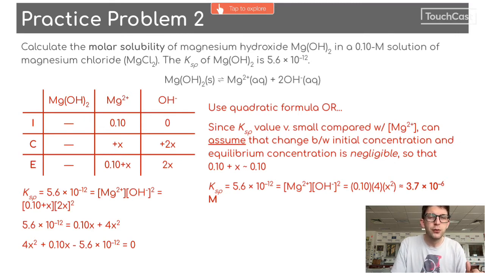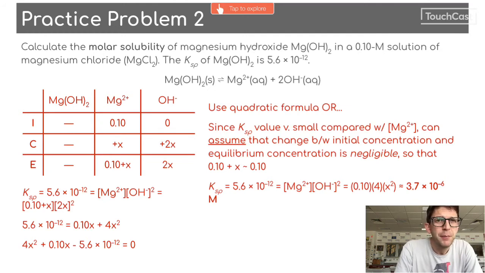So what you have to do here is consider, and I'm going through practice problem 2. I know I just said try to solve these on your own, but I just remembered this. If we look at this Ksp, the solubility product constant, it's really small, right? If you look at the initial concentration of the magnesium in this magnesium chloride solution, it's 0.10 molar.